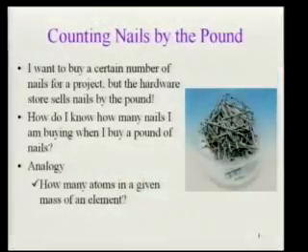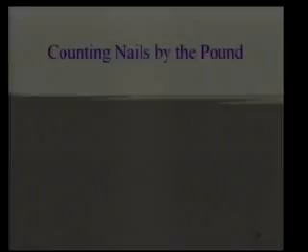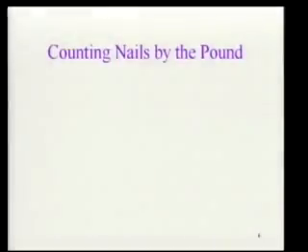I know this doesn't seem like chemistry, but I promise you it will relate. Another way to think of this is how many atoms are in a given mass of an element. If I have a pound of nails, how many nails are there? If I have a pound of sodium, how many sodium atoms are present in a pound of sodium? I'll show you.